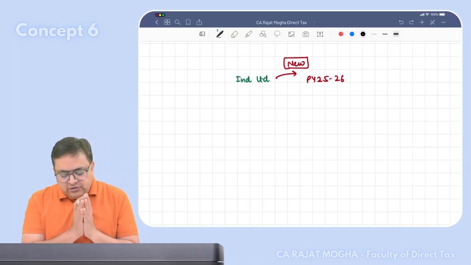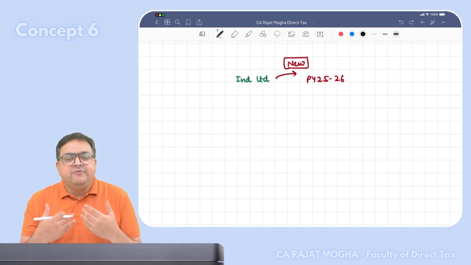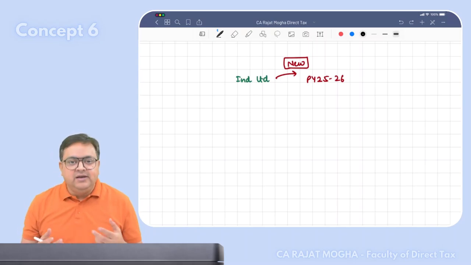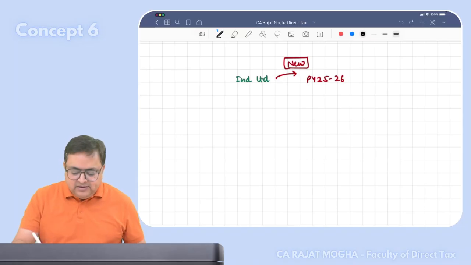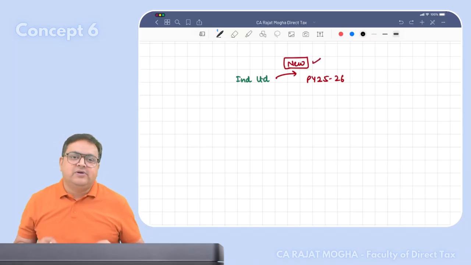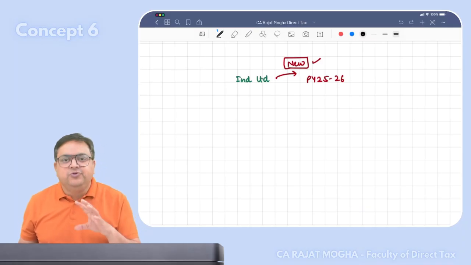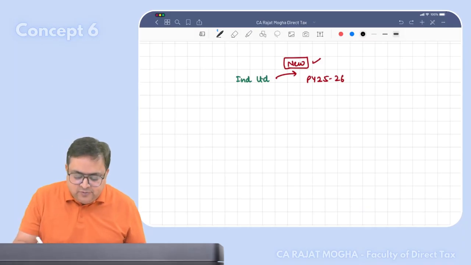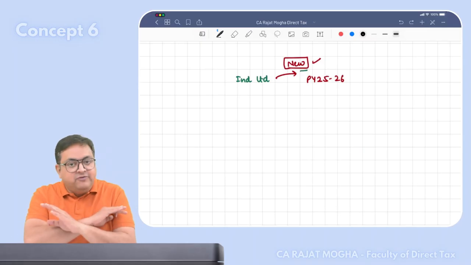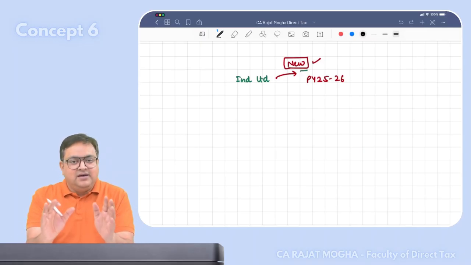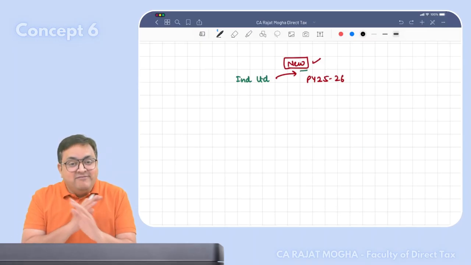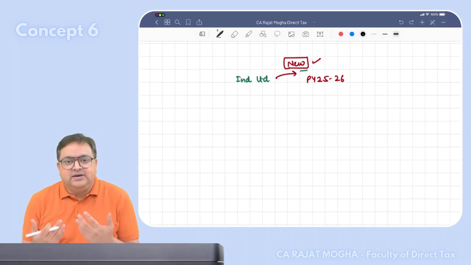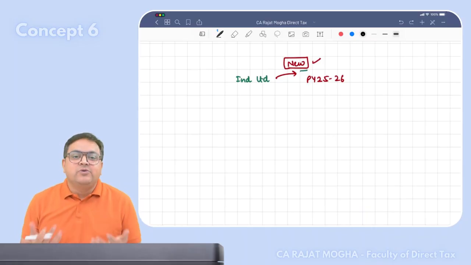So if you want to enter into a new transaction, but before that you would like to determine the ALP of that, then when can you apply, guys? Anytime before you enter into the new transaction. So let's say you are planning to enter into a new transaction which you have never entered in the past. In other terms, it's a very new transaction.